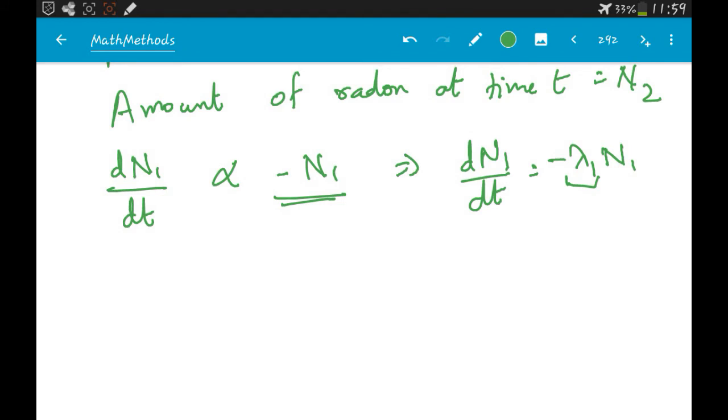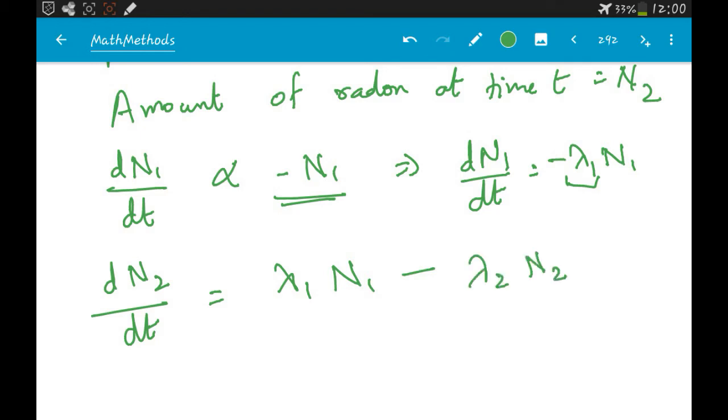Then radon: radium decays to what? It produces radon. So the rate of change of radon at time t will be equal to lambda 1 N1 minus lambda 2 N2.